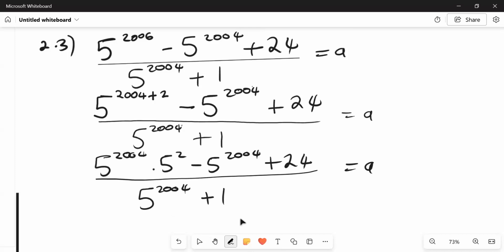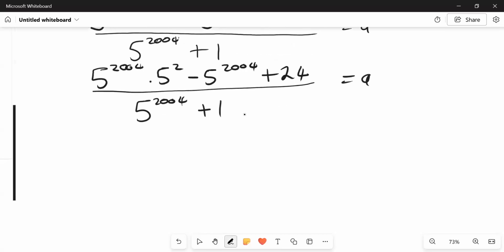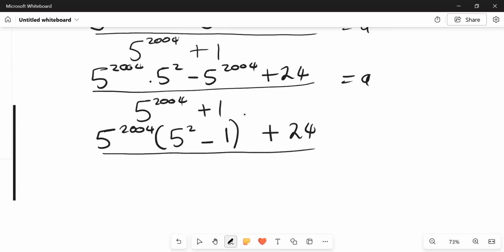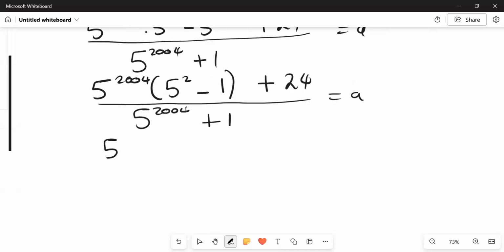Now, there's a common factor there of 5 to the power of 2004. Take out that common factor. So you have your 5 to the 2004 there. Now you're left with your 5 squared minus, here you're left with 1, plus, you drop down the 24, divided by 5 to the power of 2004 plus 1 equals A. Okay, but 5 squared, that's 25. 25 minus 1 is equal to 24.